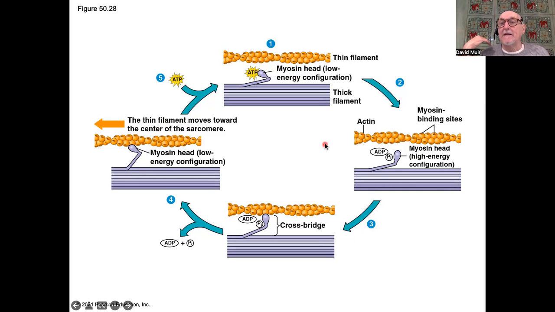As soon as the action potentials stop, the sarcoplasmic reticulum pumps out the calcium very, very rapidly. So the calcium is removed from the cell, secreted into the sarcoplasmic reticulum, and can no longer spark the generation of contraction.